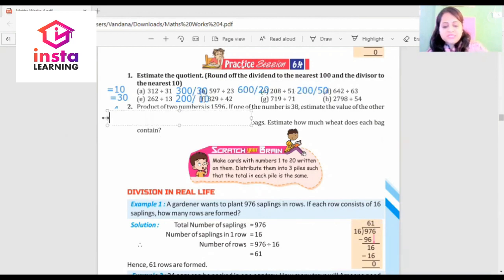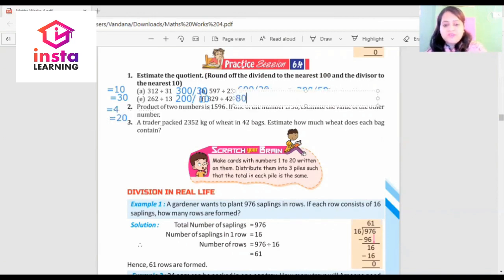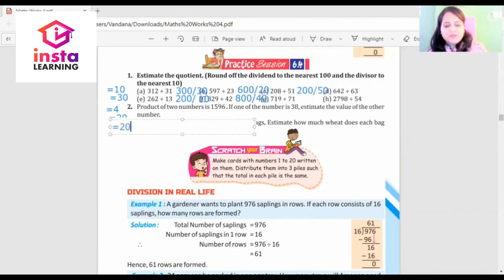Write your answer 20 here. Okay. And this is your number 829. So write your first round off to the nearest 100. You will get the answer 800 divided by 40. So you will get the answer 20 here. Okay. Write your answer here 20.